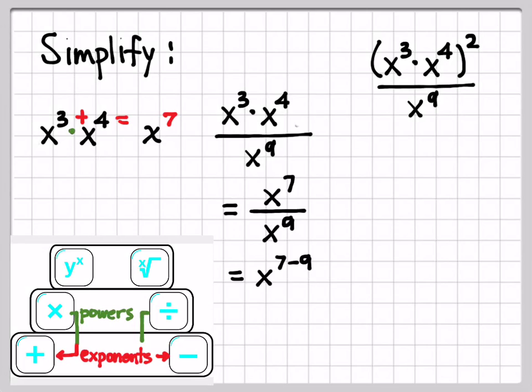What's 7 minus 9? Negative 2. So one way of writing our final answer here would be to write it as x to the minus 2. But for a variety of historical reasons, I suppose, we don't like leaving answers in that kind of fashion. We don't like leaving answers that have negative numbers in the exponent.